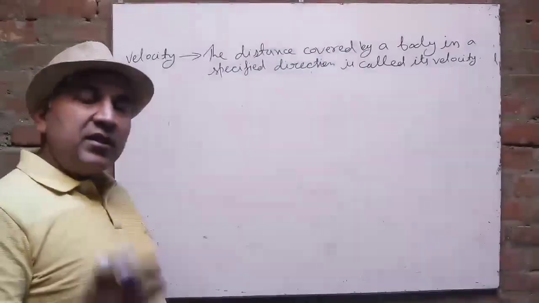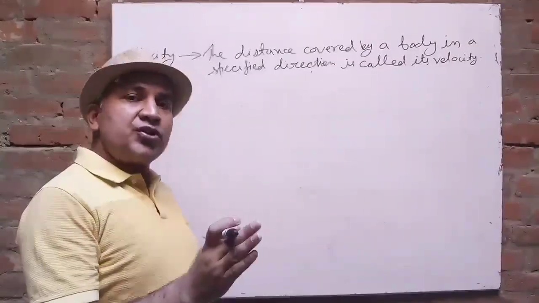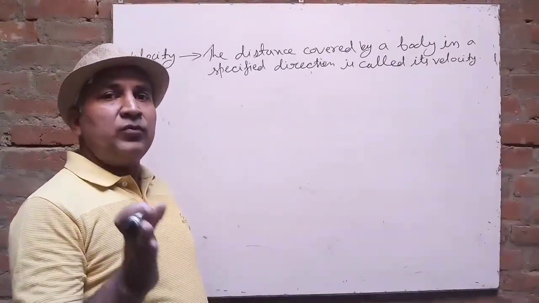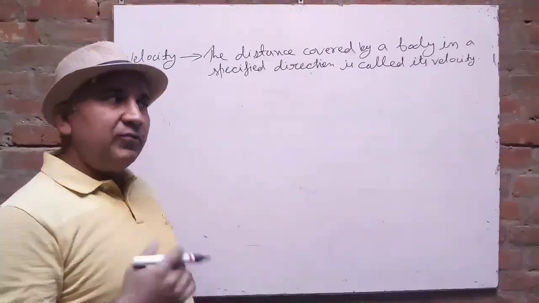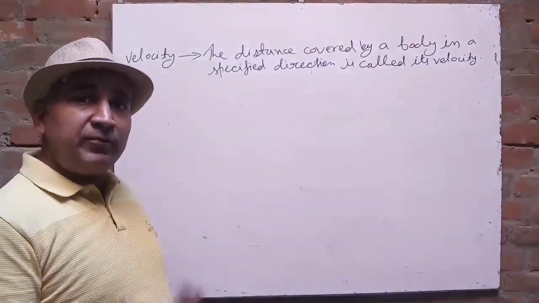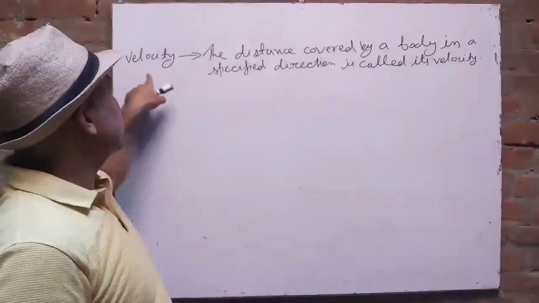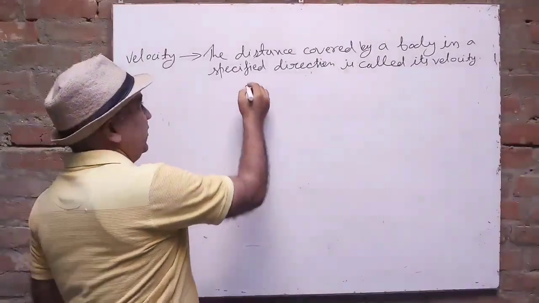Okay, that means the speed will be called velocity if with magnitude we know the direction also, in which direction the object is moving. If we know this point also, then that speed will be called velocity.